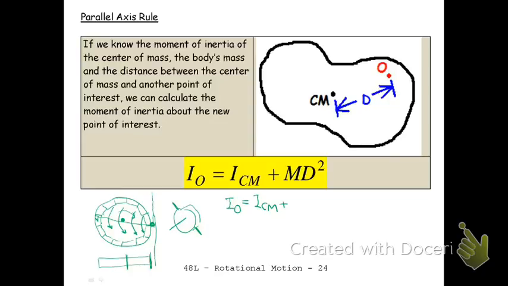We learned in chapter 1 that things on both sides of an equation have to have the same dimensions, which is basically the same units. If my units for moment of inertia are kilogram meters squared, and I'm adding another term to take into account this shifting of the axis, it's still got to have units of kilogram meters squared. It can't have anything else.